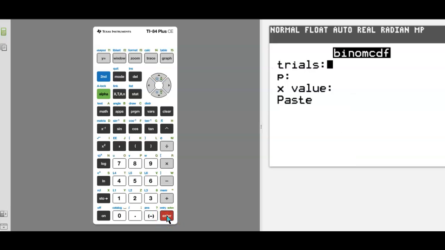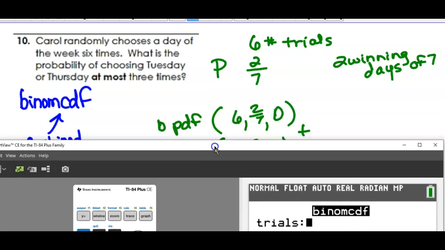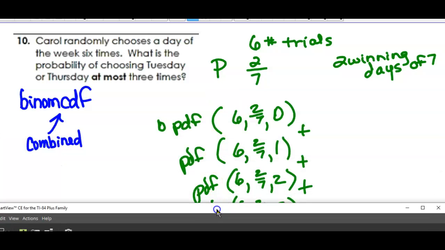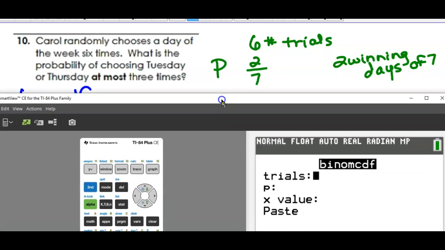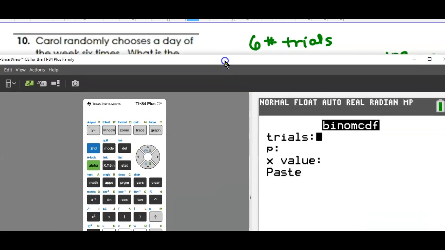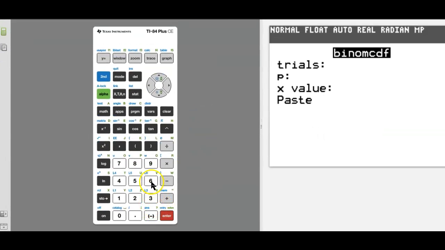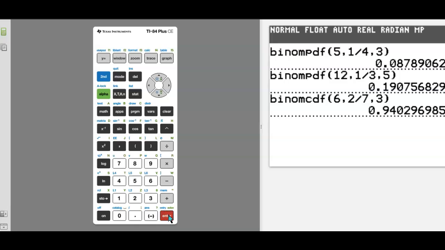It still says this, but you have to realize that it is combining all the probabilities up to 3 wins, 3 successes. So if we were to do at most 3 times, it was 6, 2/7, and we wanted up to 3. So we do 6, 2/7, and we want it to add up all the possibilities, 0, 1, 2, 3. Now when we do it, we get this.